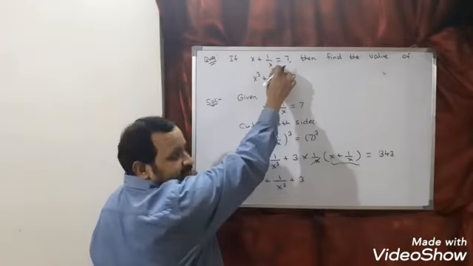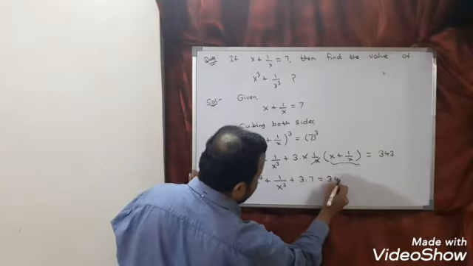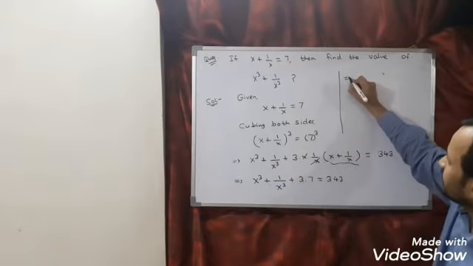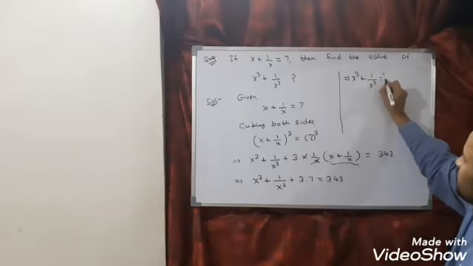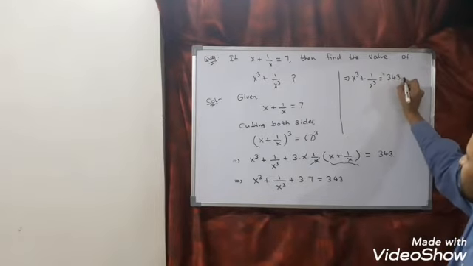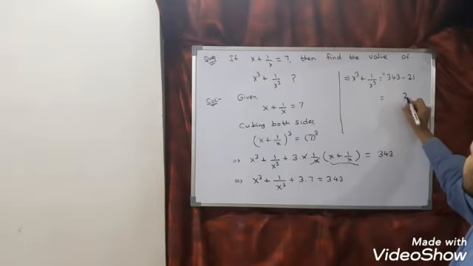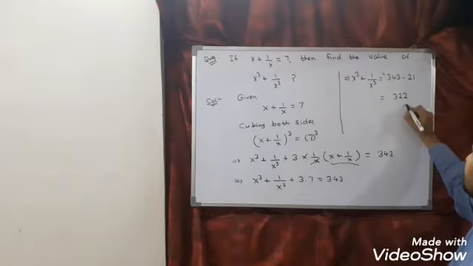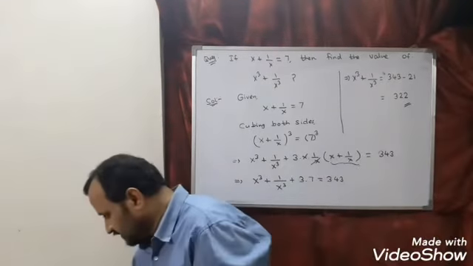This value is 7, is equal to 343. Finally x cube plus 1 by x cube is equal to 343 minus 21. Calculate: 3 minus 1 is 2 and 4 is 2. So the answer of this question is 322. Let us see one more question.